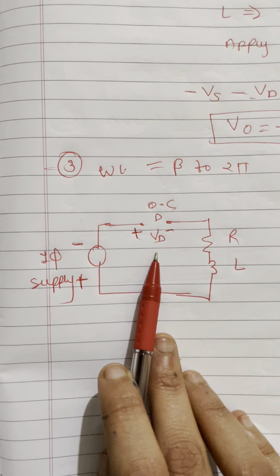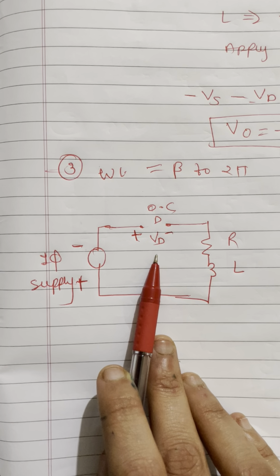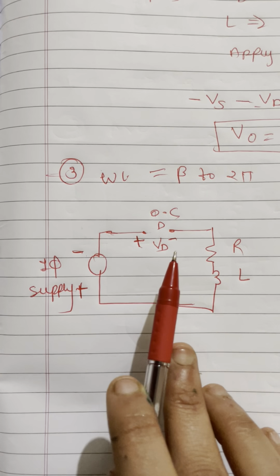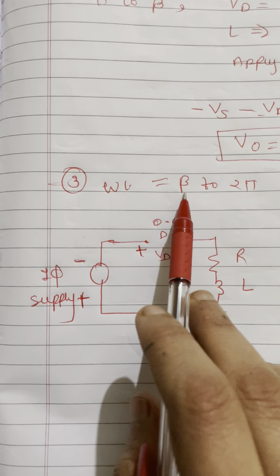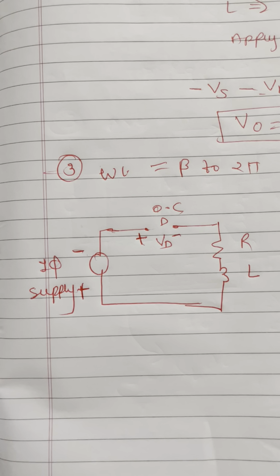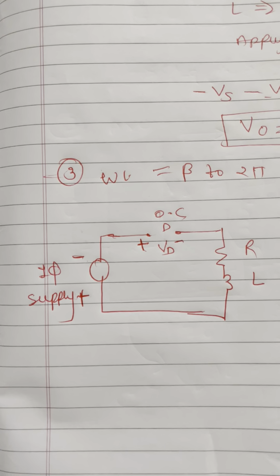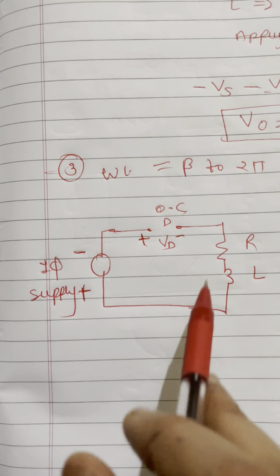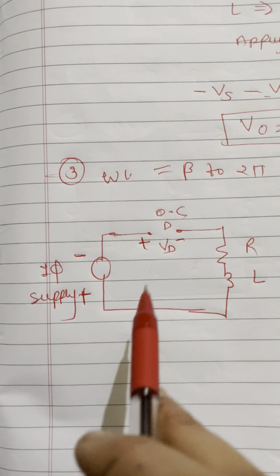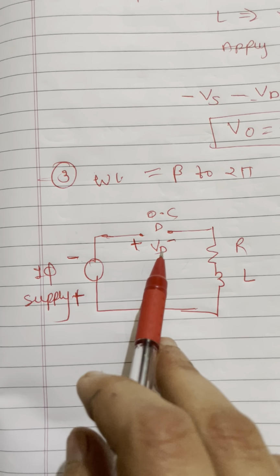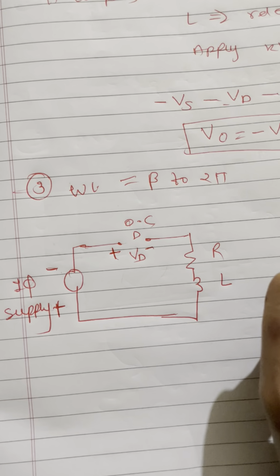So after beta, the supply voltage energy becomes greater than the inductor voltage, and the supply current flows in the anti-clockwise direction. There is no reverse current, because the diode is in the off state.